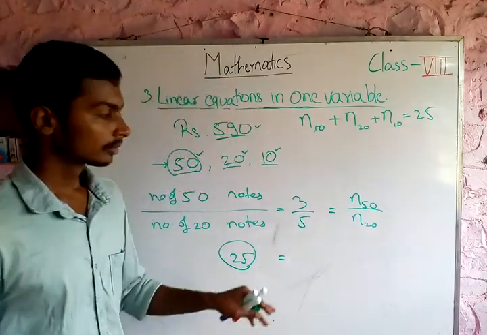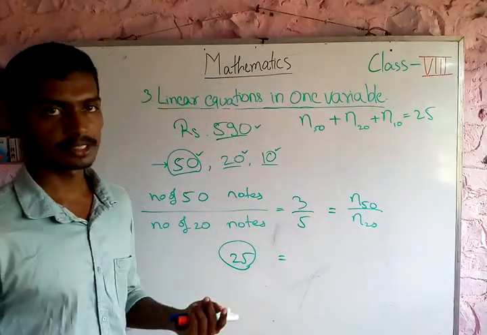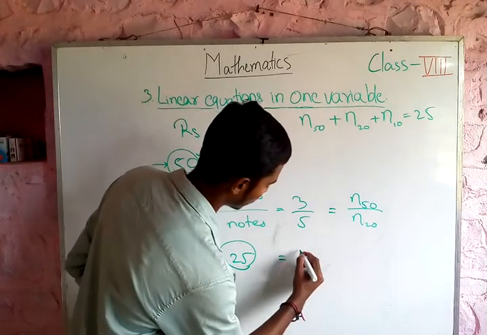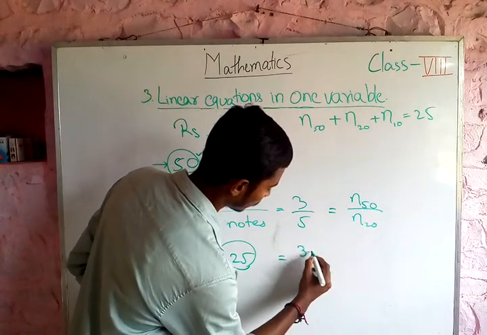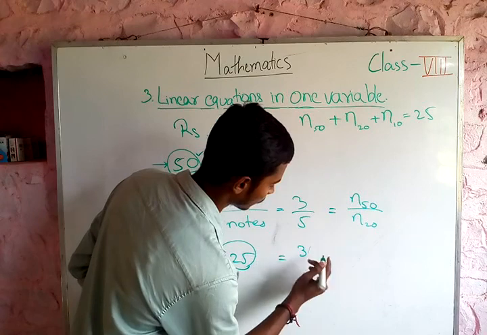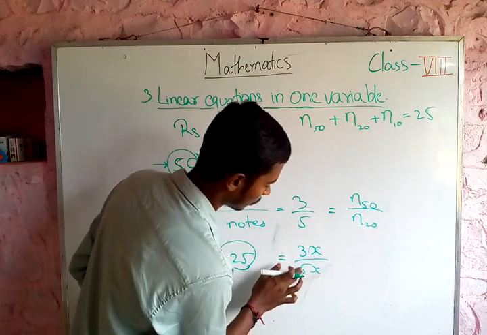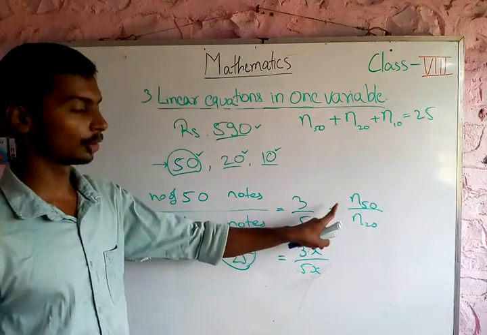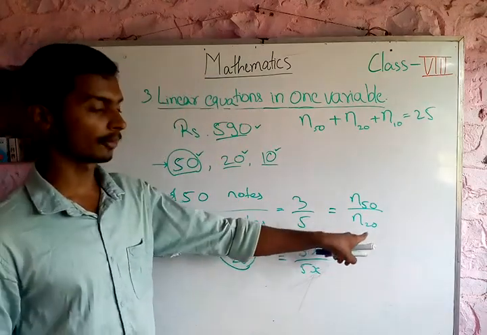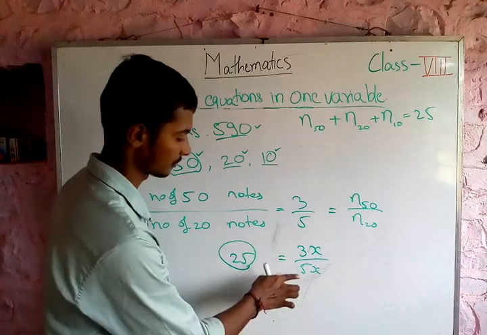So for the ratio to remain the same, let us take these as 3x and 5x. Okay, so the number of 50 rupee notes is 3x and the number of 20 rupee notes is 5x.